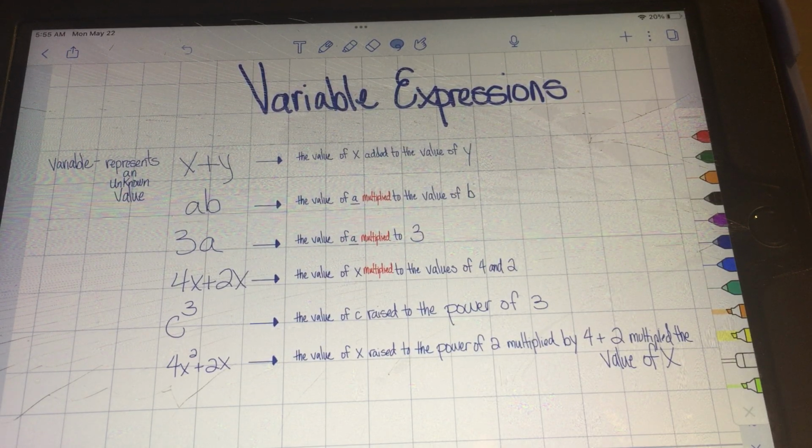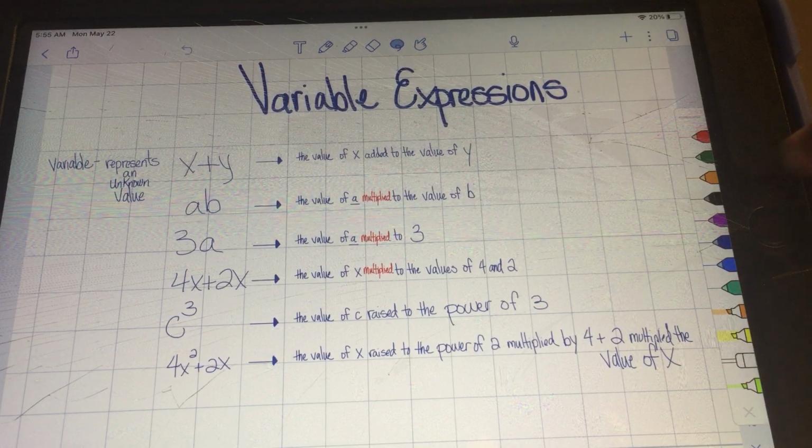We're moving from left to right, and we are paying attention to our exponents, which take priority over our multiplication and then our addition. So the value of x is raised to the power of 2. It is then multiplied by 4, added to 2, and then multiplied by the value of x.